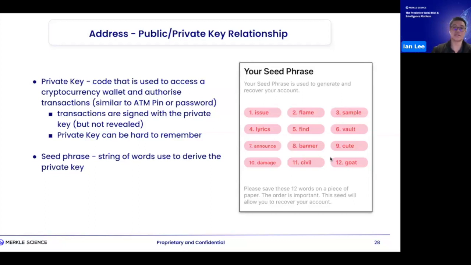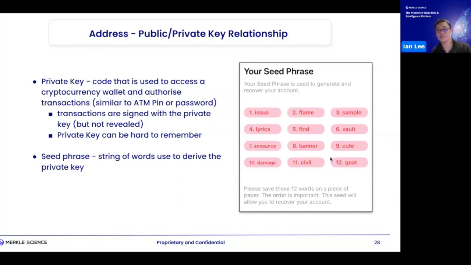I repeat, the seed phrase is just a series of words which can be used to regenerate the private key. So with the seed phrase, you can obtain the private key. What that means is the seed phrase is just as important as the private key. If somebody has your seed phrase, you can treat it as though they have your private key.